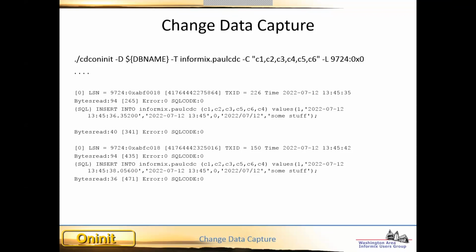Now, when you specify the capture, we could have just said we want to look at C1, 2, and 3, and then we'd only get an insert statement that's relevant to 1, 2, and 3. And then we can see we've done another insert a little bit later. So we can now track and convert the record back into an SQL statement.